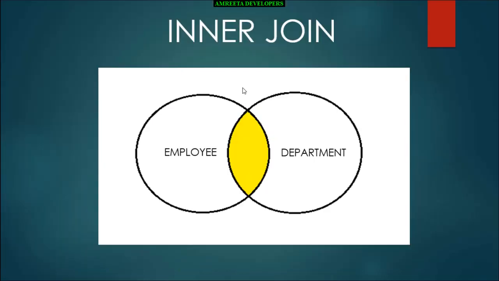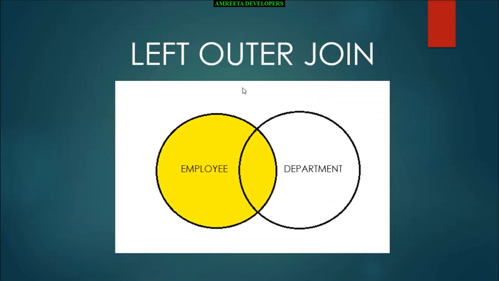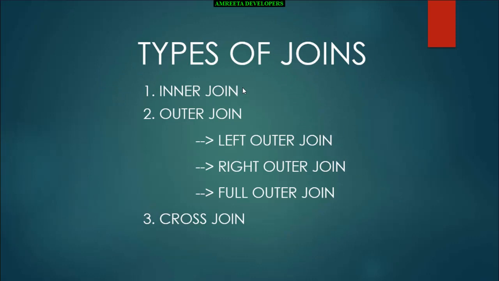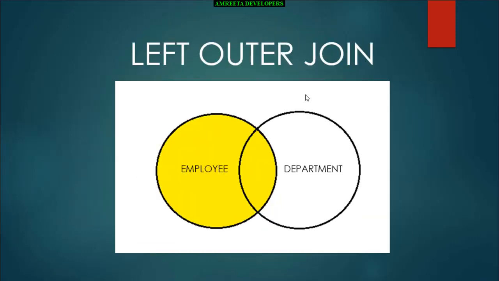Now move to our next join. Our next join is of type outer join. In outer join we have 3 types of joins: left outer join, right outer join, and full outer join. So first we discuss the left outer join. Left outer join will be shown here with the 2 tables, employee and department.